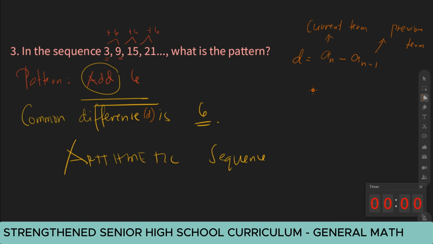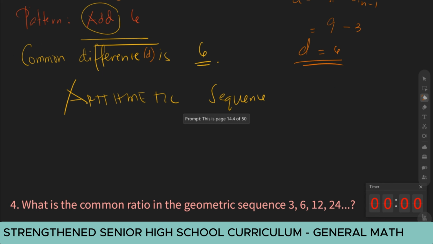So for this, let's say that the current term here is 9, the second term, and the previous term is 3. 9 minus 3, so we got 6 as our common difference.